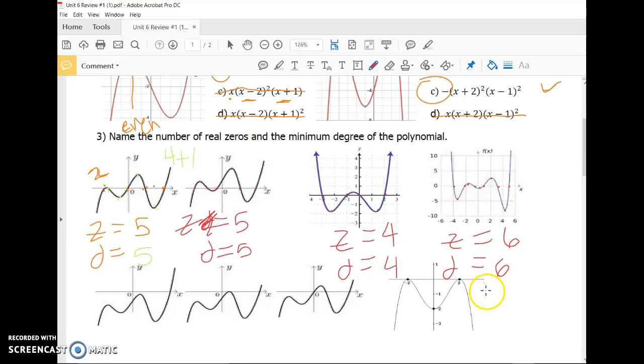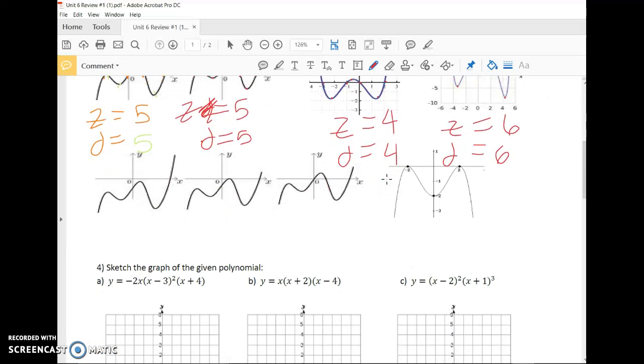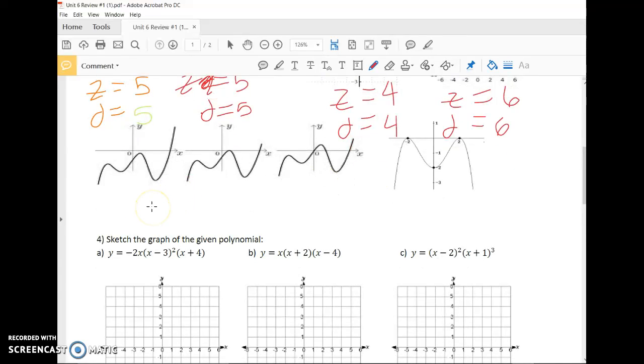A lot of times the number of zeros is the same as the degree. This one will have some imaginary zeros though, because it only has 1 zero, but its degree is 1, 2, 3, 4 plus 1, so it's a degree 5.